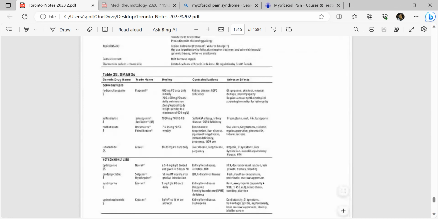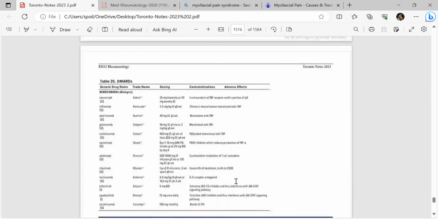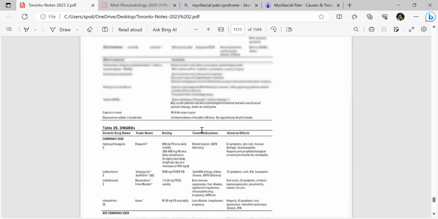Oh, it's not the DMARD. So which one was causing B cell depletion? Okay, yes, rituximab causes B cell depletion. Yes, it's a DMARD that causes the B cell depletion.